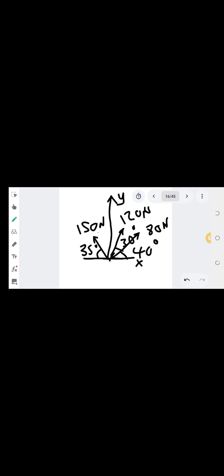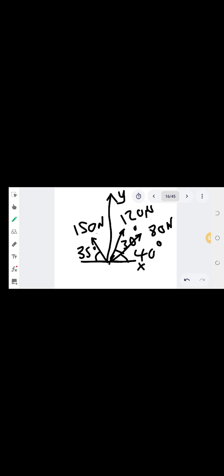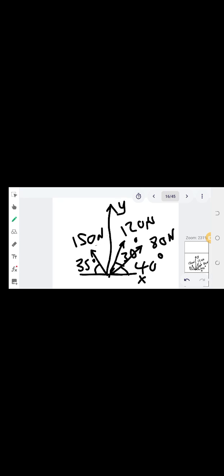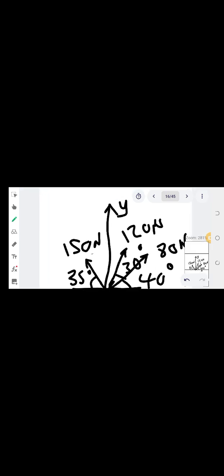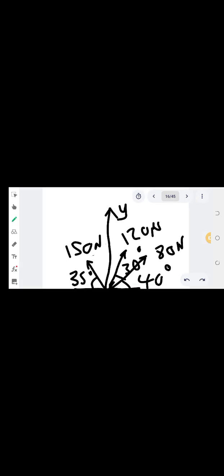So having this, I'm sure we can now resolve this into components. So resolving this into components.